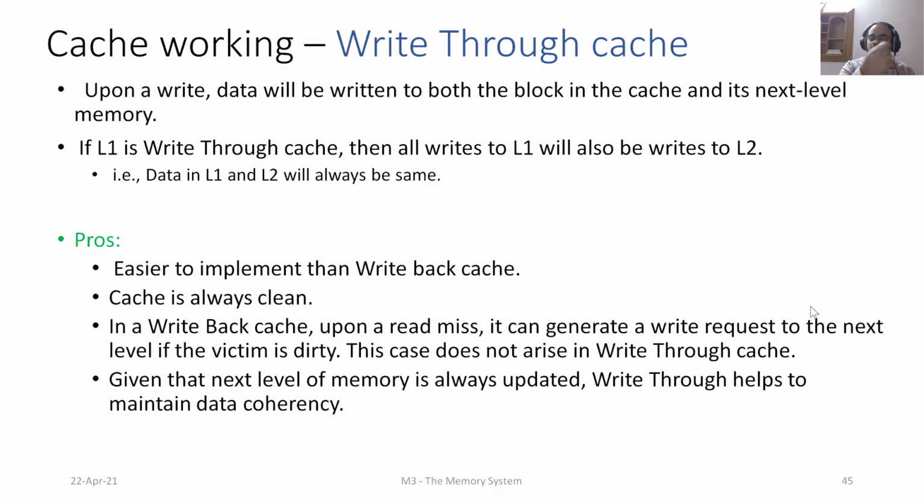If some particular core writes data to a location and some other core wants to use that data, if it is a write through cache, then the common cache will always have the updated value, so the second core can take it from that cache itself. Otherwise, it needs to talk to the first core, and then the first core should respond with the updated value, which is a time taking process. This comes under data coherency.